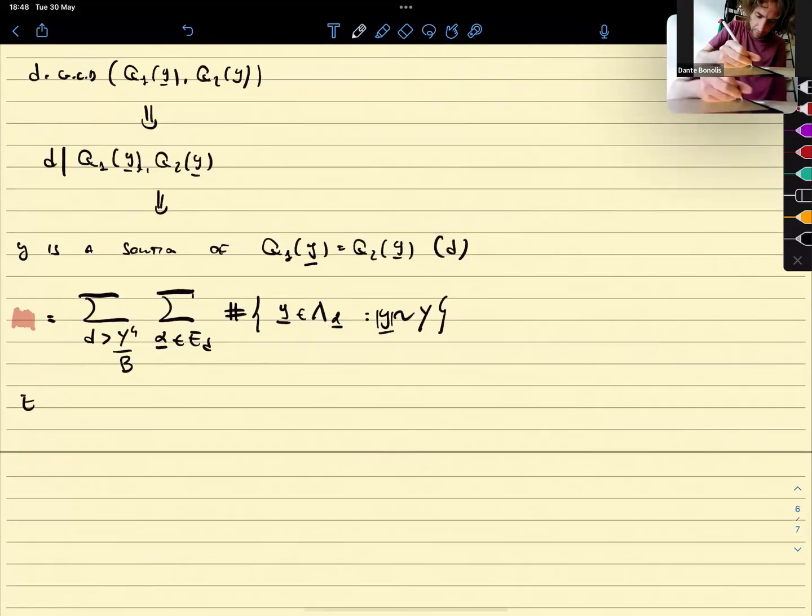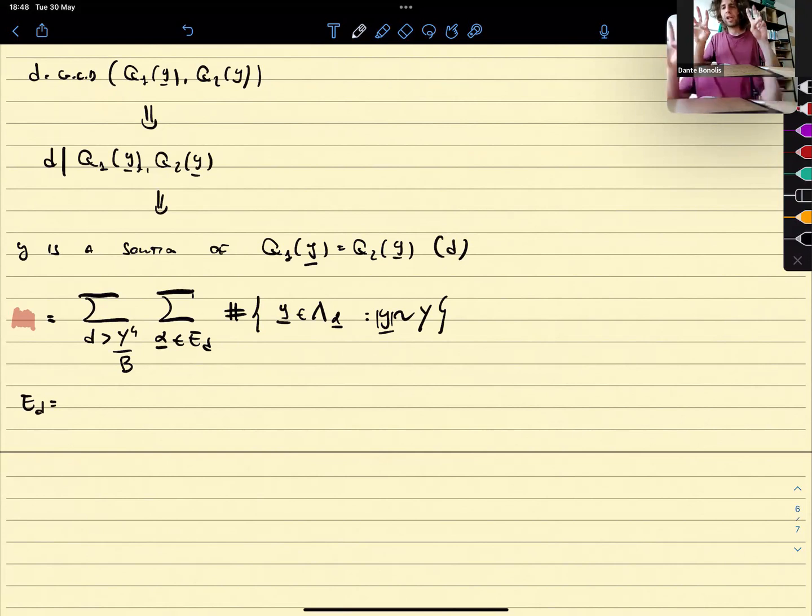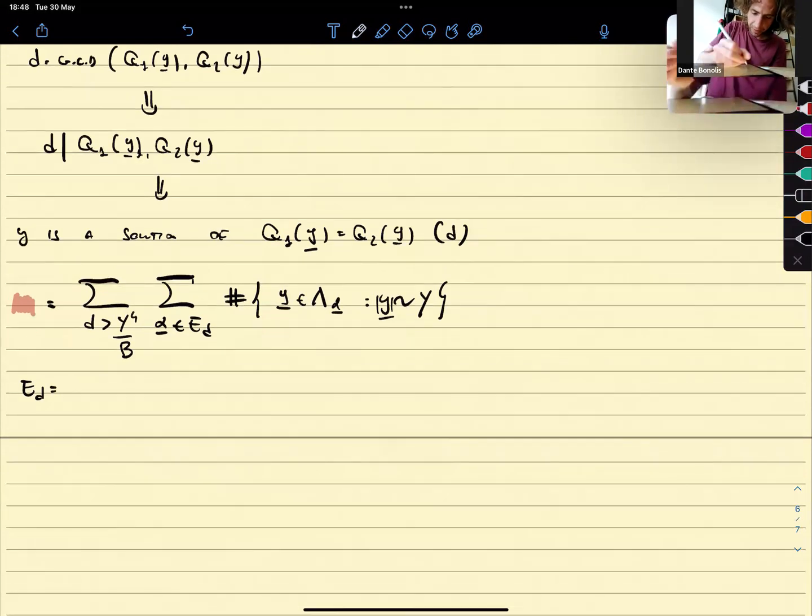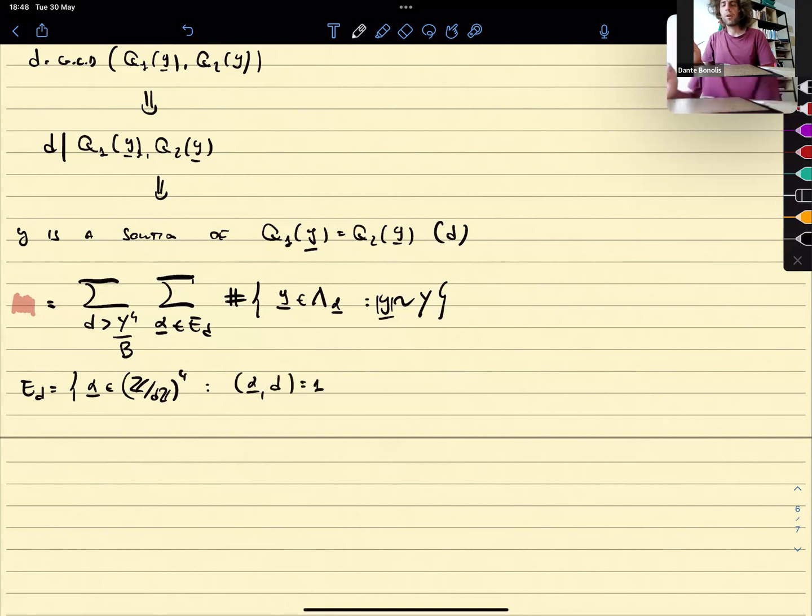So AD is going to be kind of the equivalent of the projective space over Z. It's going to be like a projective variety over Z over DZ, in a certain sense. So basically this is going to be the alpha in (Z over DZ)^4, such that we require that alpha and D are coprime.